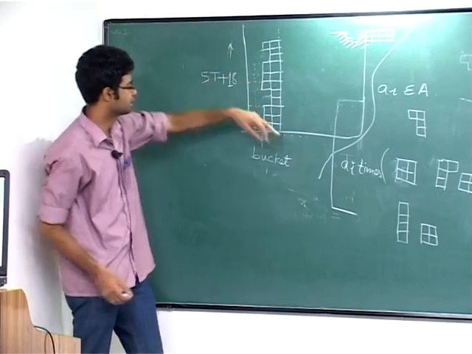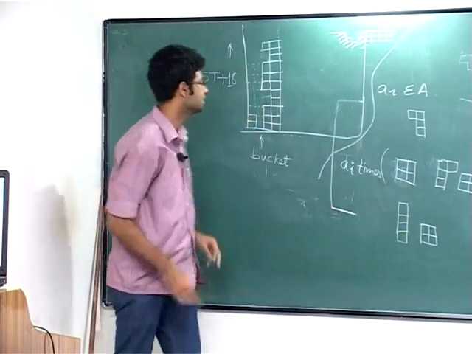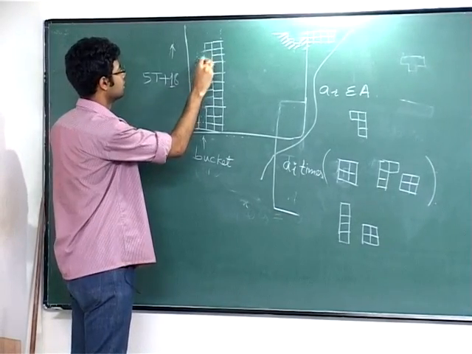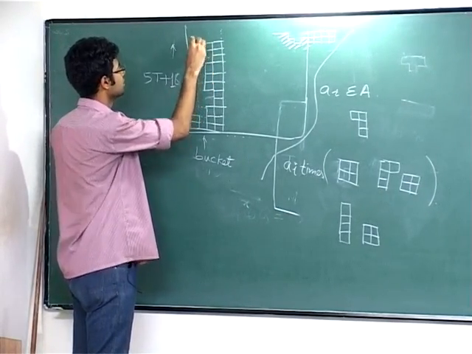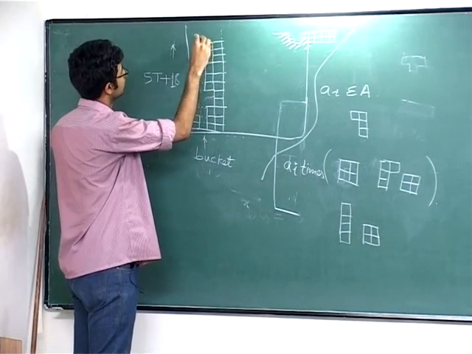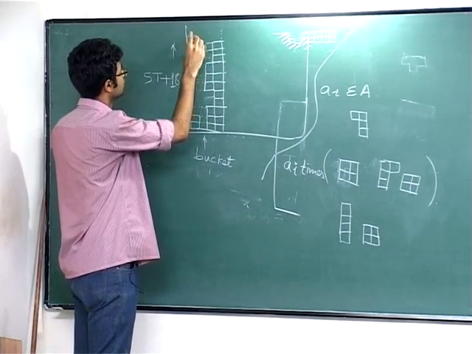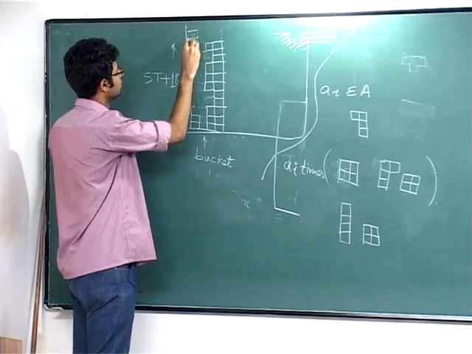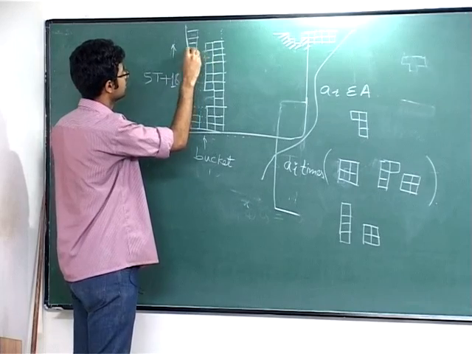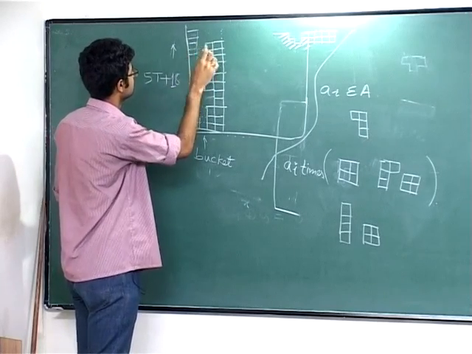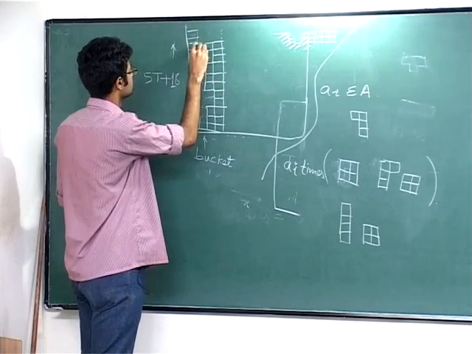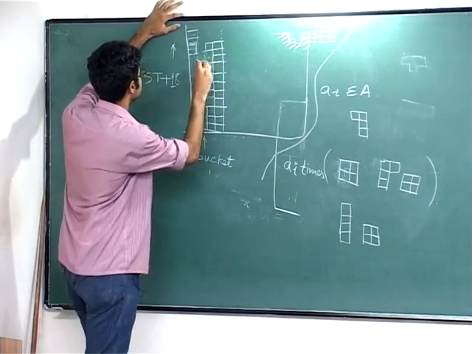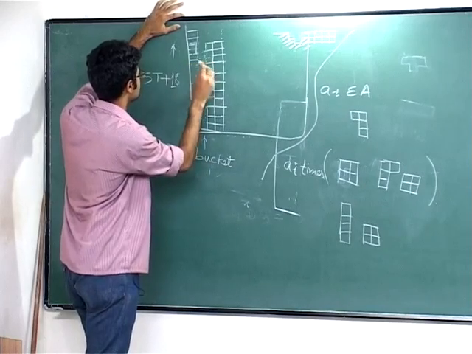And then when I have done this thing, I can take this square piece, put it over here, and put a 4 cross 1 piece. I'll just darken it. Okay.